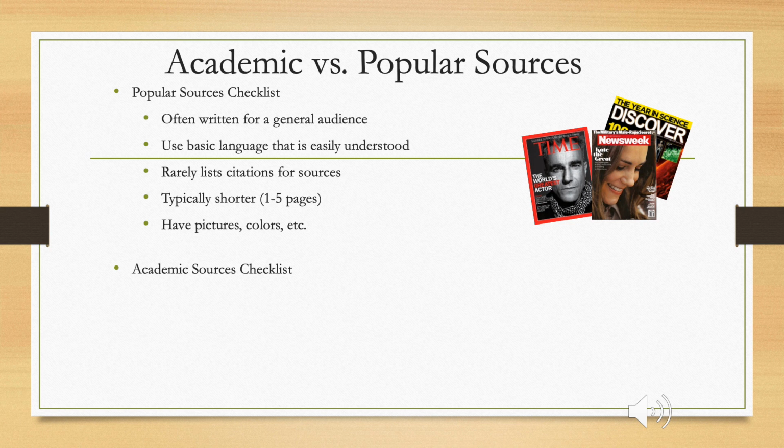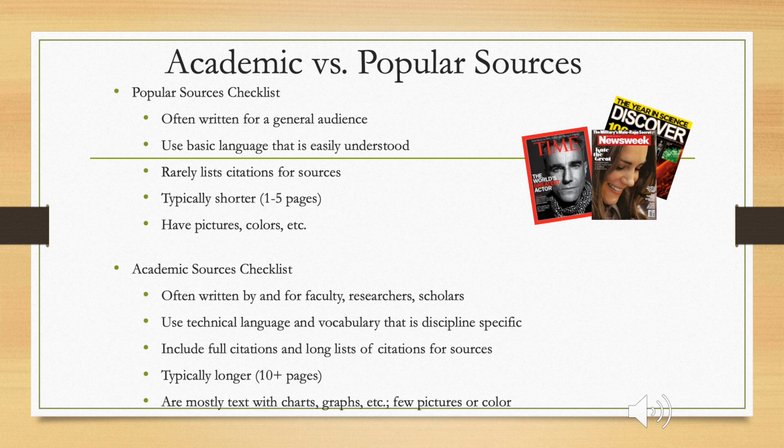So when we take a look at academic sources, they are often written by and for faculty, researchers, and scholars. They use more technical language and vocabulary that is discipline specific, and they include full citations and long lists of citations for their sources, and they're typically longer than 10 pages.